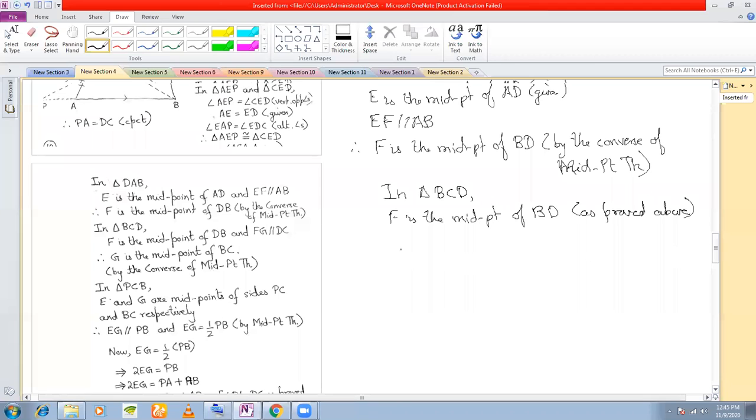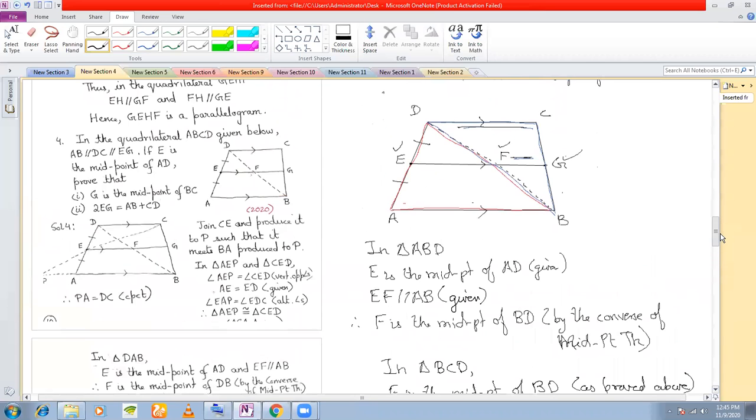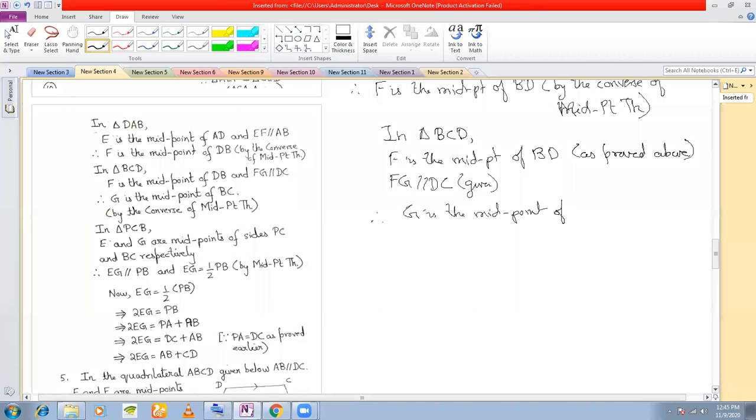FG parallel to DC. This is given. Here also you write given. Therefore, G is the midpoint of BC. Okay, so the first part is over. Proved.